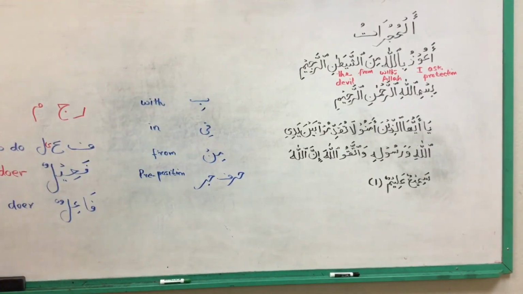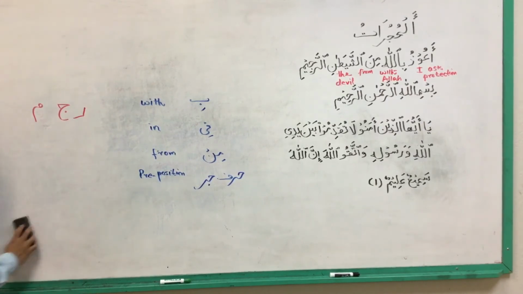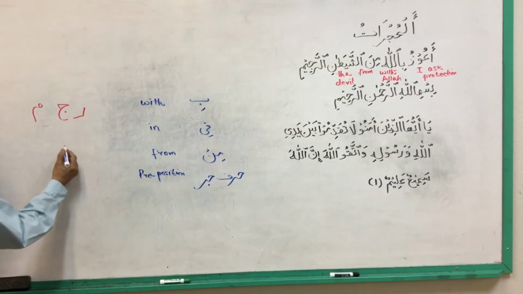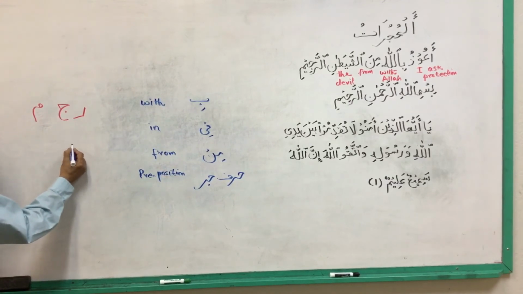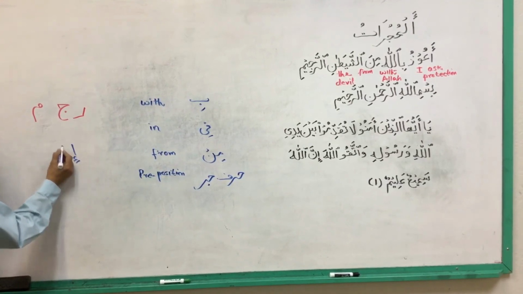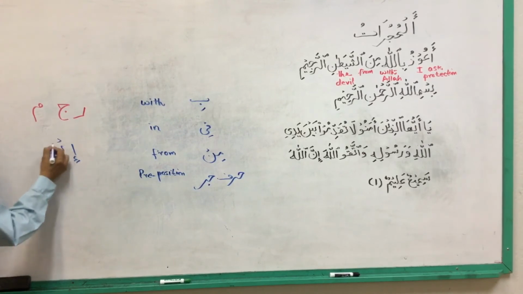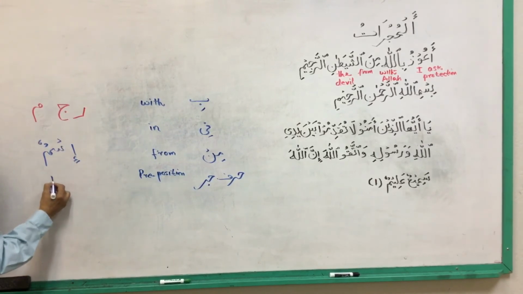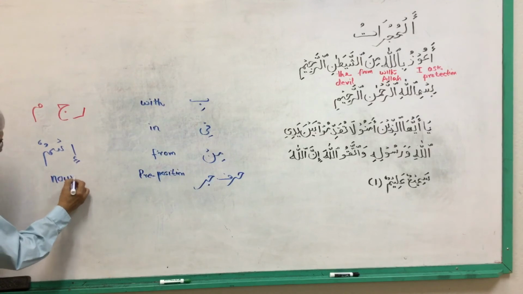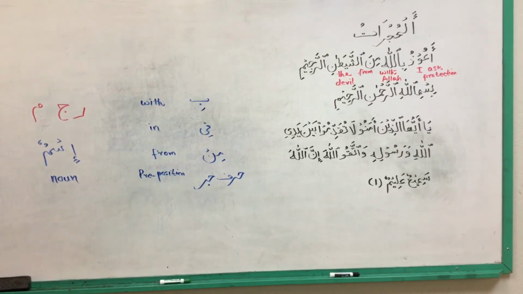Okay, so before we do that, let's look a little bit more here. You have two words. Ismun means noun. Anybody, like I said, child or a man, it's ism, noun. And the other thing is called sifat.